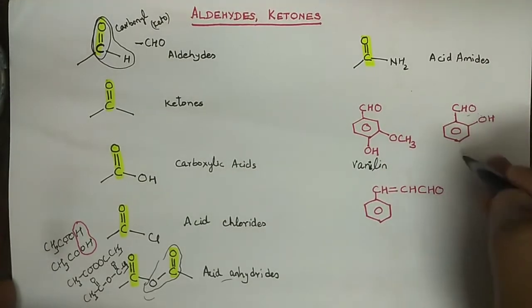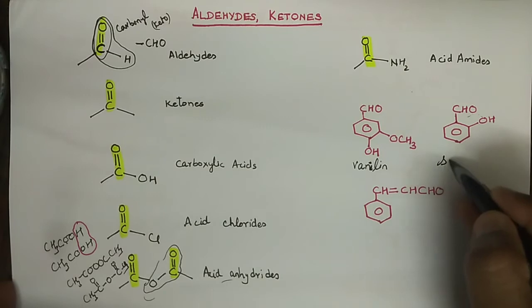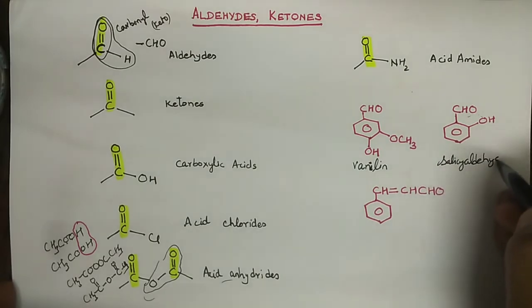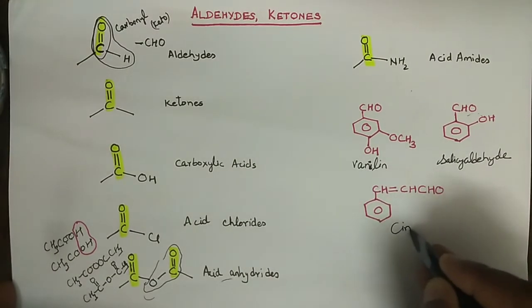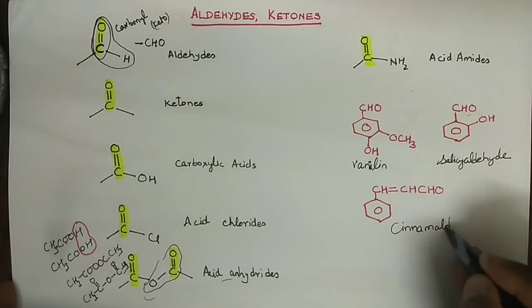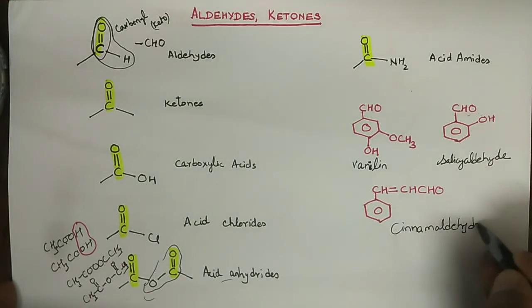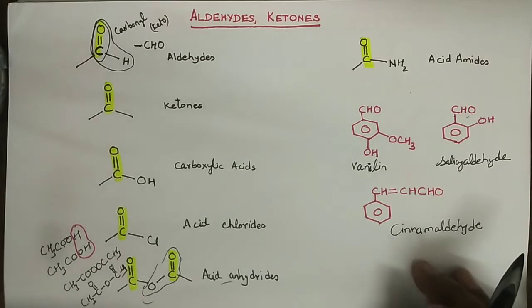And this compound we have studied earlier. This is known as salicylaldehyde, and this compound is known as cinnamaldehyde. Cinnamaldehyde is present in cinnamon. I hope everyone understands what cinnamon is. Cinnamon को हिंदी में हम दालचीनी बोलते हैं.